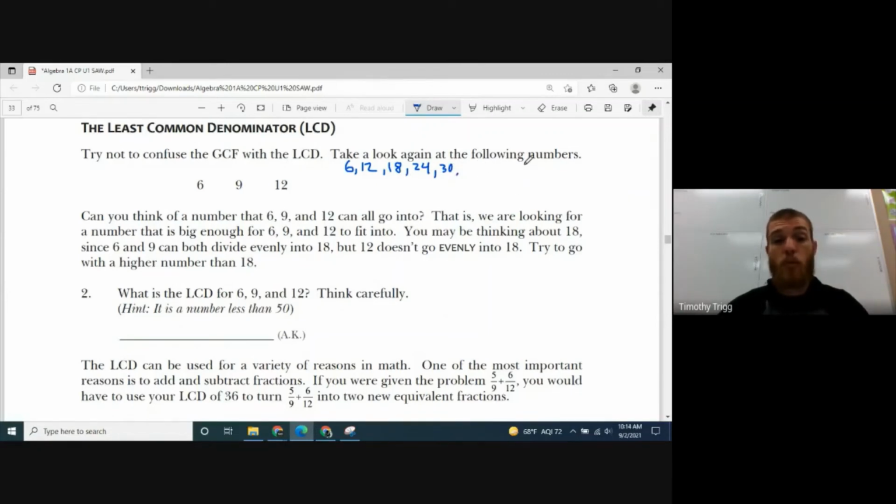Maybe I'll have to add more to this list if I don't see a common multiple. So when you're looking for lowest common denominator, you're looking for the lowest common multiple, essentially. So these are the multiples of 6. What about for 9? What are its multiples?